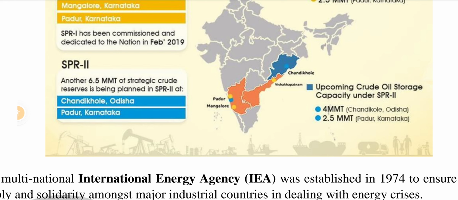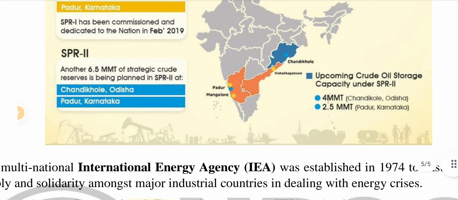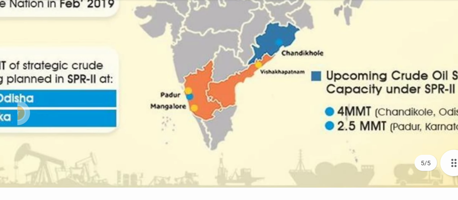in SPR second at Chandikhola, Odisha and Padur in Karnataka. Here in the map: Chandikhola and Visakhapatnam, Padur and Mangalore.